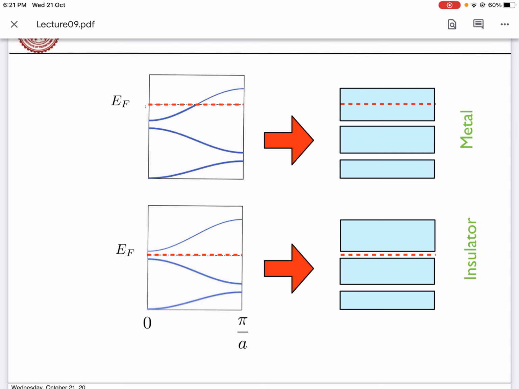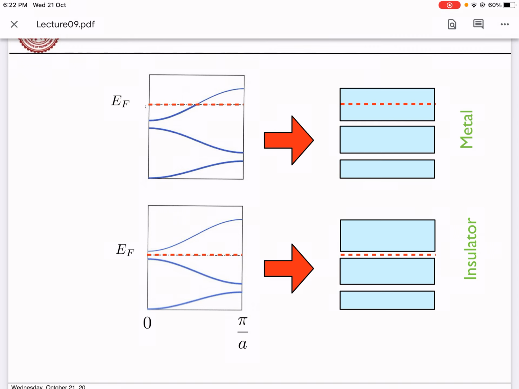So this means that the second band, which is completely filled, makes it an insulator in this case, right? Because if you apply an electric field, electrons have higher energy. But if their energy is much less than the gap separation between the second and third band, there is the forbidden gap, right? Then the electrons will not have any state to go to.